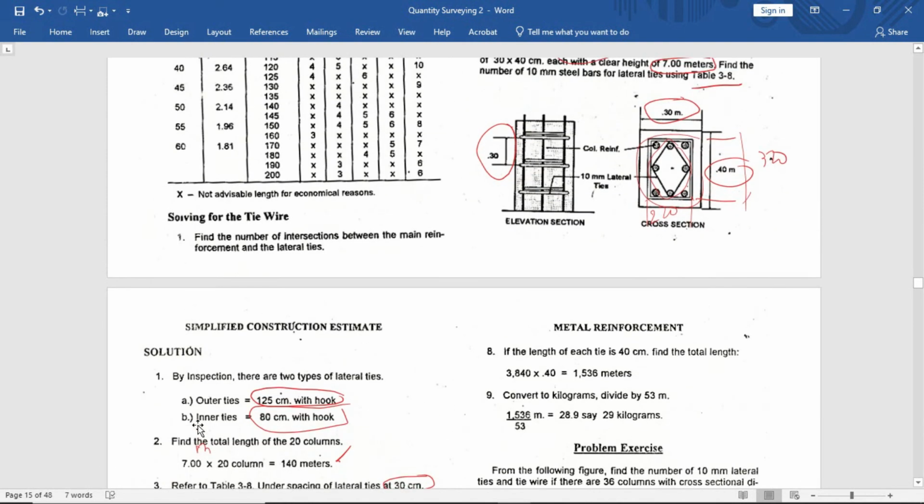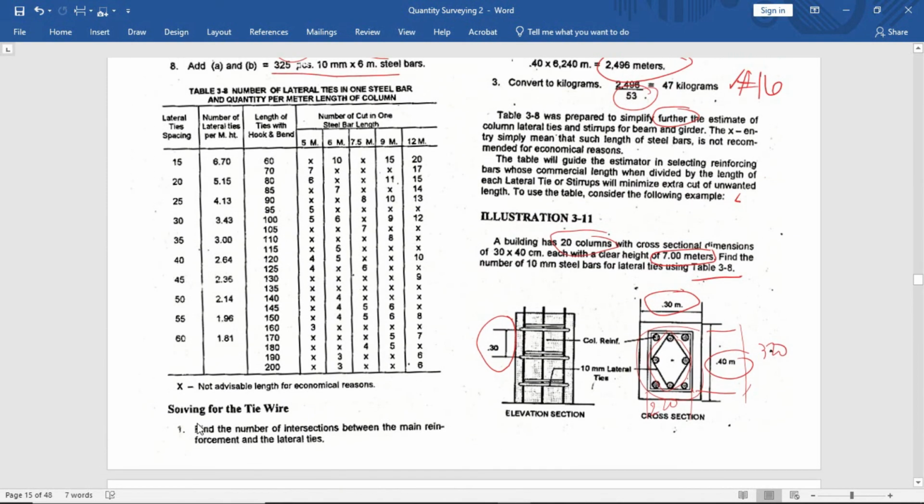So, punta tayo sa lateral ties na 30. Ito. So, the number of lateral ties per meter height is 3.43 kapag ang spacing natin ay 30 centimeters, based sa table.